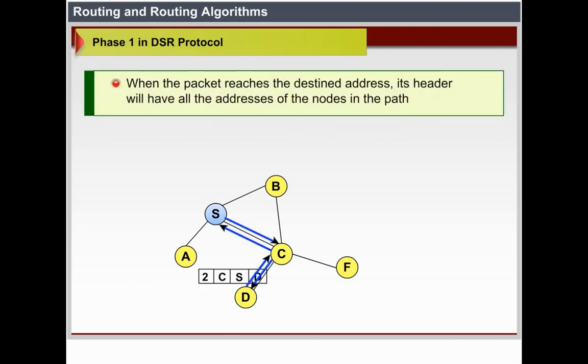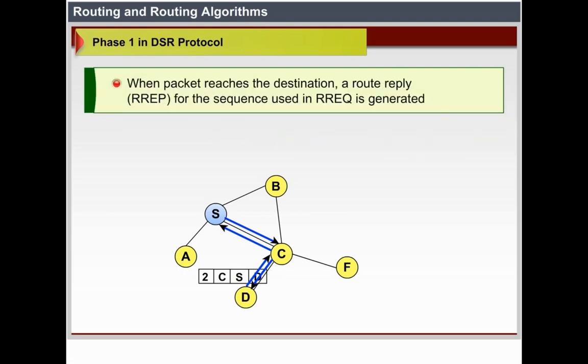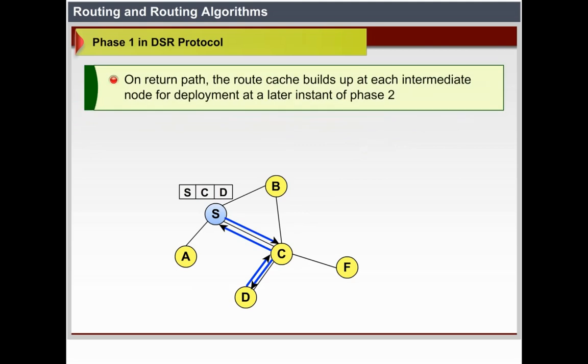When the packet reaches the destined address, its header therefore has all addresses of the nodes in the path. When the packet reaches the destination, a route reply RREP for the sequence used in RREQ is generated. On the return path, the route cache builds up at each intermediate node for deployment at a later instant of phase 2.